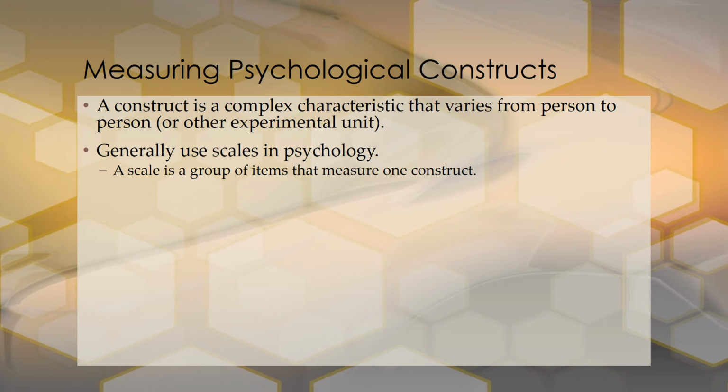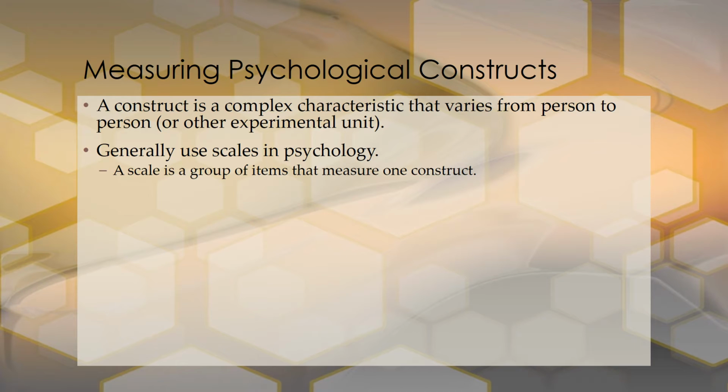Because this construct is so complex, we think that having multiple items is better than having just one item, because we think we're going to have a better chance of actually measuring that construct than if we just have one item. So we use a scale, which is a group of items for one construct.